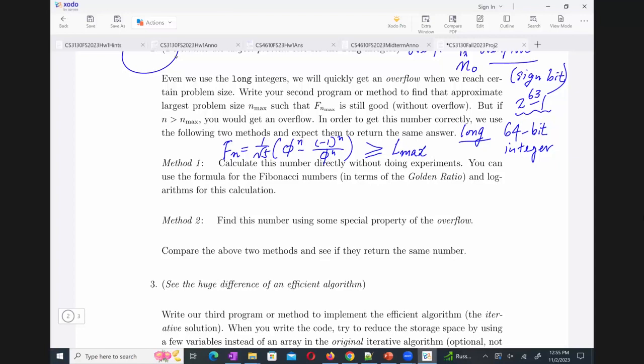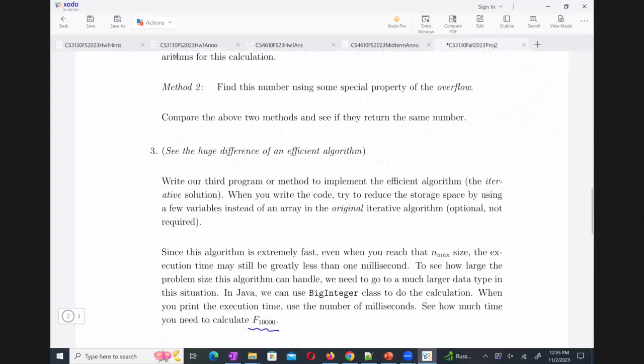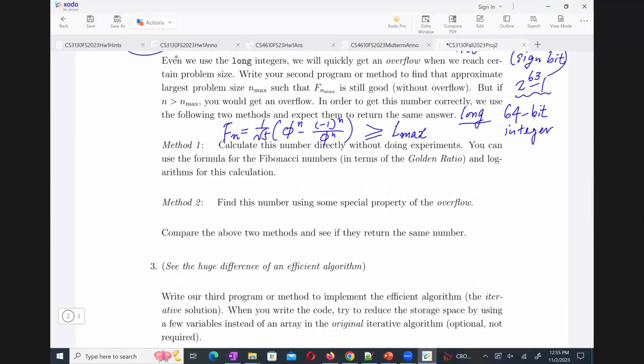So here, let me do some important formula transformations. I just use the space here. Not much space. First step, easy: multiply root 5 on both sides. phi to the n minus, root 5 times L max.